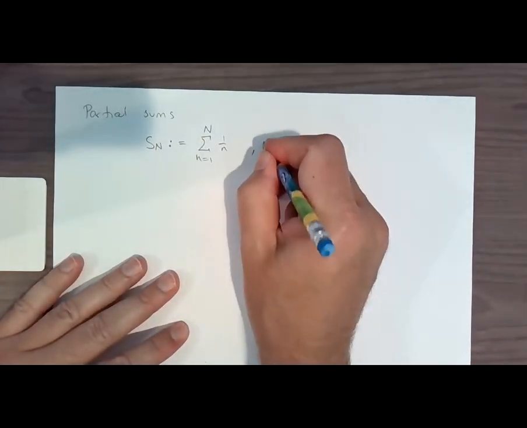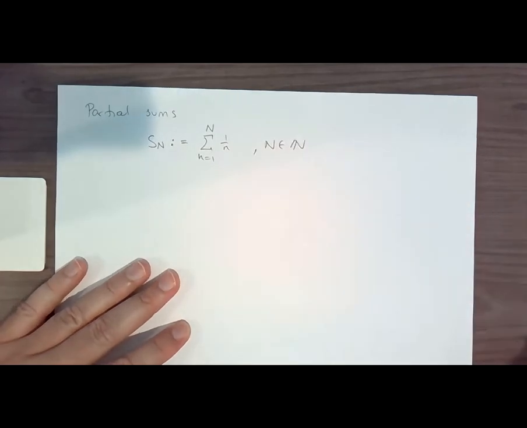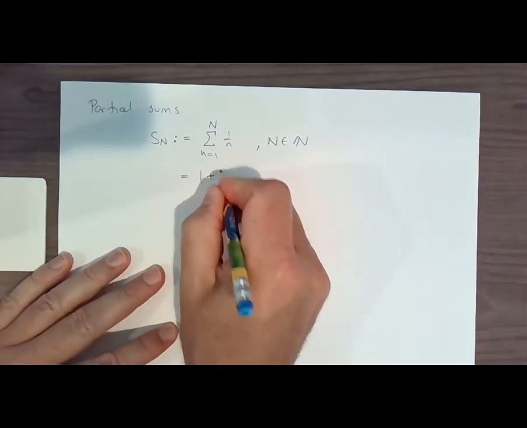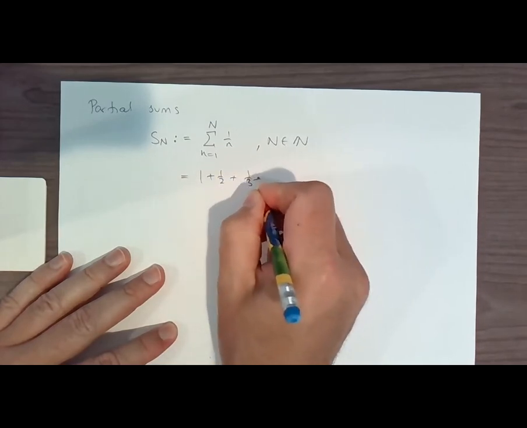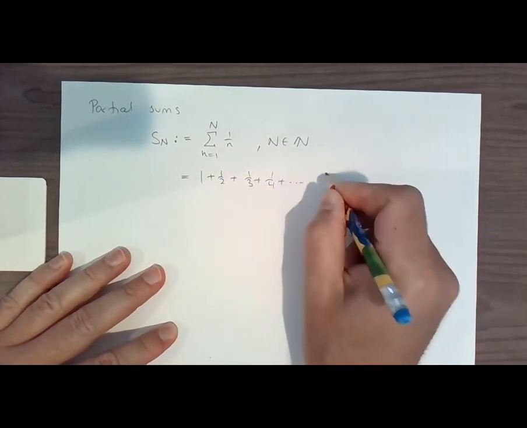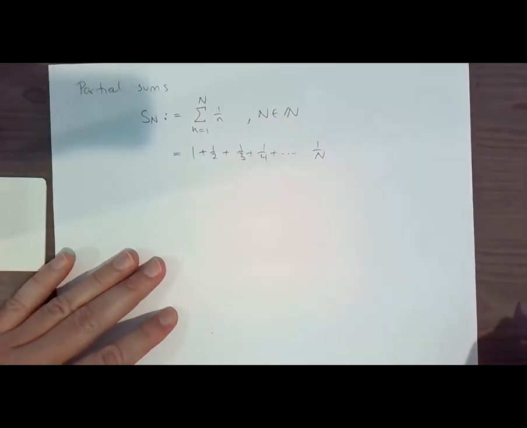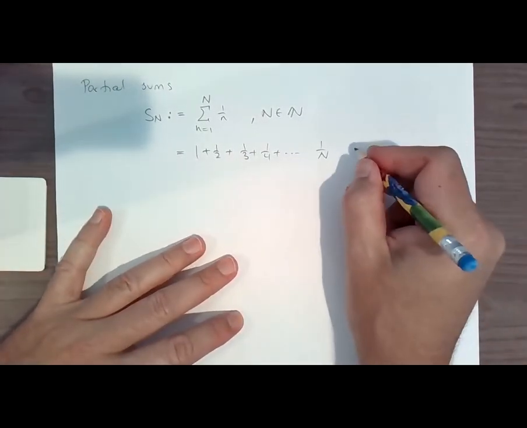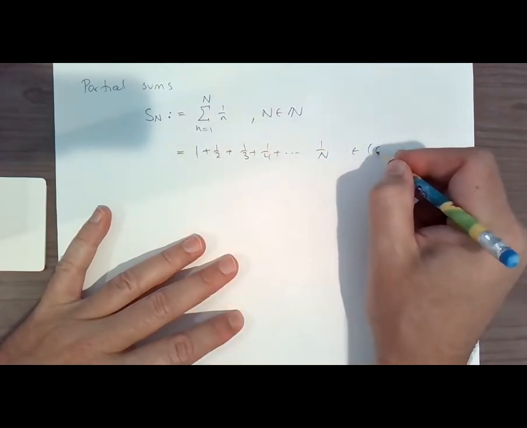And here, capital N is a natural number. So what we're having here is 1 plus a half plus a third plus a fourth plus all the way up to 1 over n. So there's no doubt this here is finite. This here is a number. In this particular case, it's a positive number.